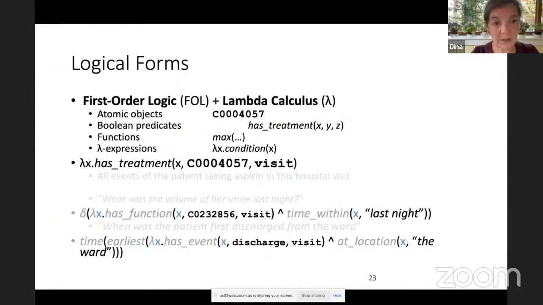So we started with the first order logic and lambda calculus. And our first experiment was just to see if that will be enough to encode the questions asked by clinicians. And it turns out that it was sufficient to do that.